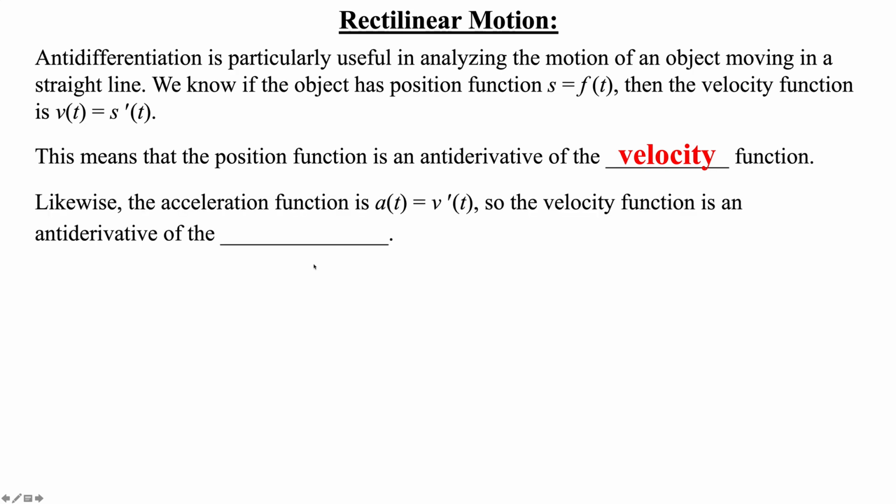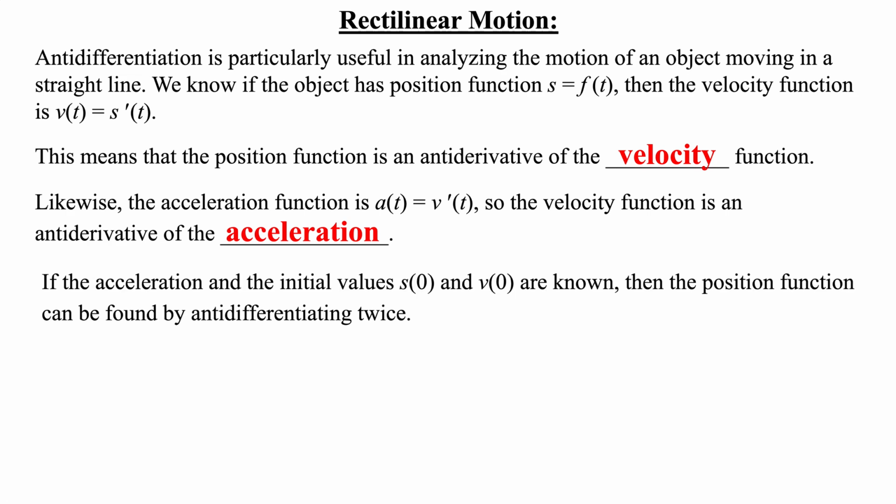Likewise, the acceleration function is a of t equals v prime of t, so the velocity function is an antiderivative of the acceleration function. If the acceleration and initial values s of 0 and v of 0 are known, then the position function can be found by anti-differentiating twice, very similar to what we did in the last problem.